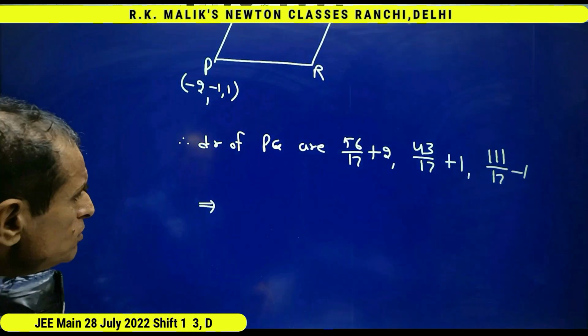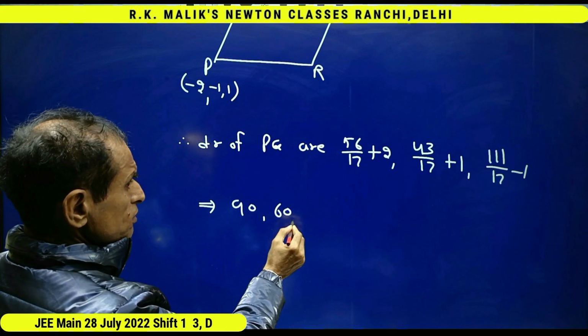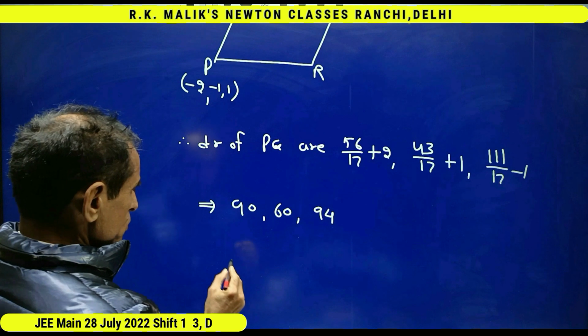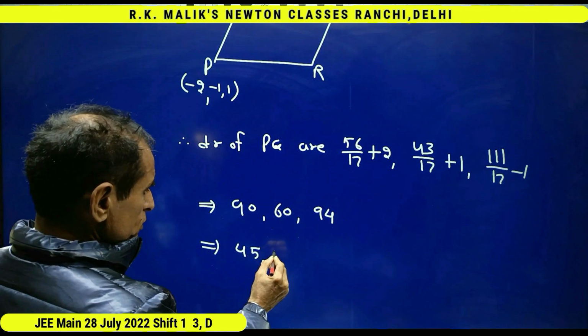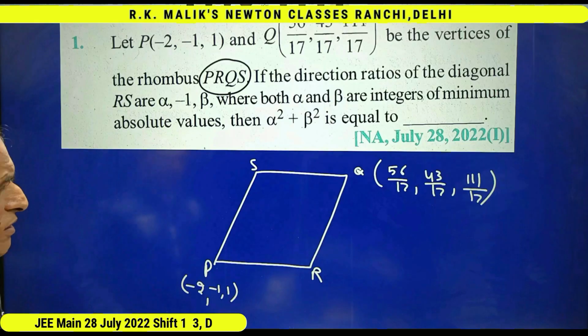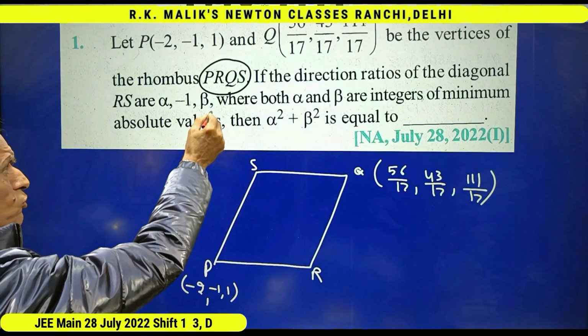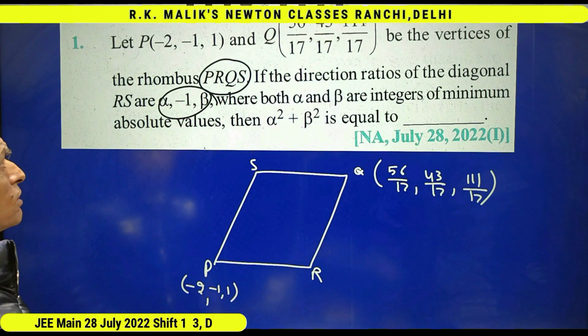That is, I get 90, 60, 94. Or we can also say 45, 30 and 47. It is given that the direction ratios of RS are alpha, -1 and beta.